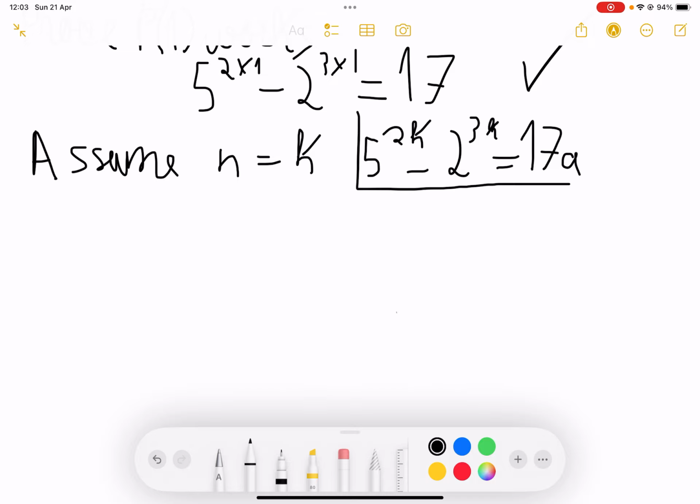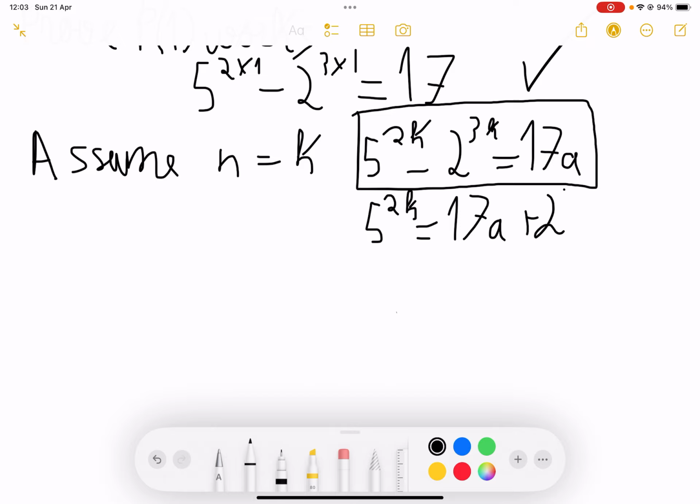And we make a box around this because this is really important, and it will be helpful later. This will leave us that 5 to the power of 2k is equal to 17a plus 2 to the power of 3k. And we will put another box around this.